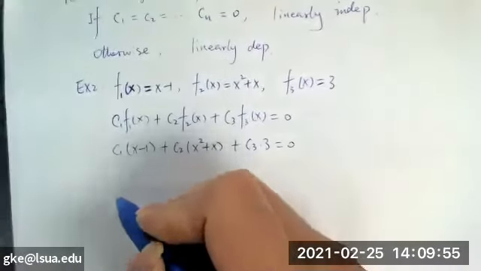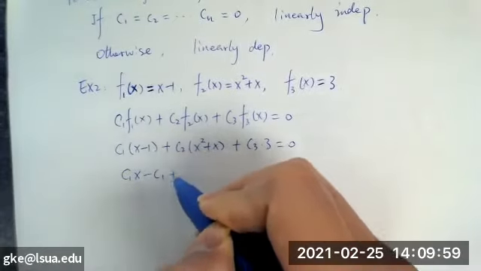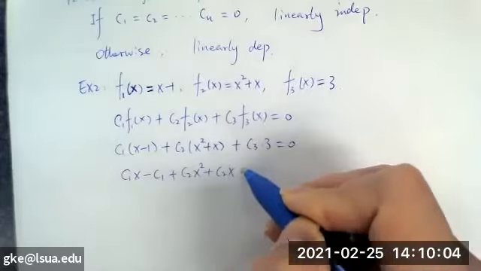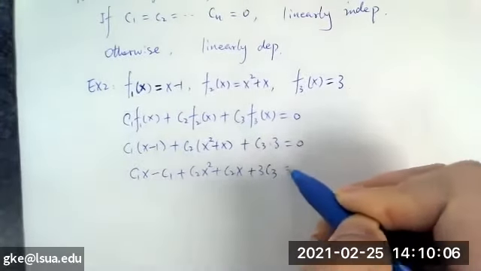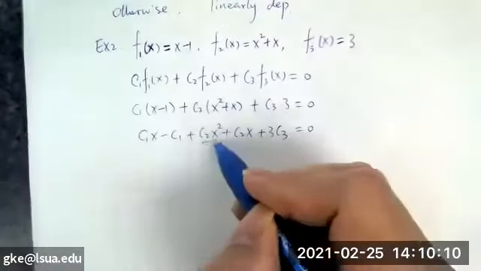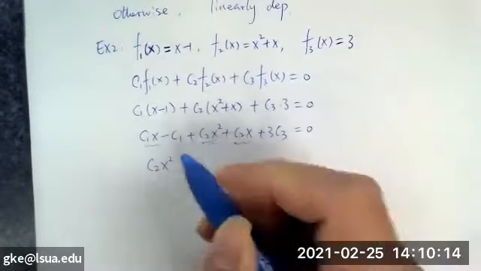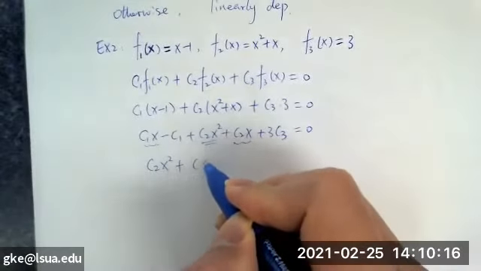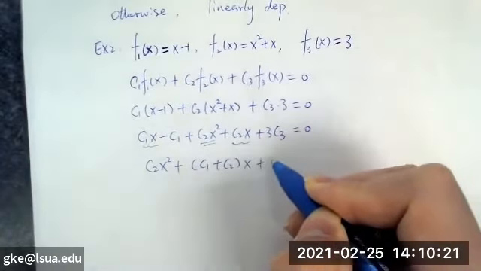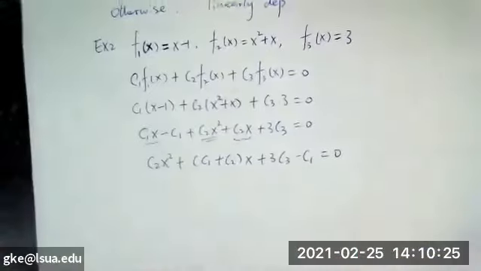Now again, we do the distribution, and then combine the terms. For x squared, we have C2 x squared. And then we have C1 plus C2 times x. And C3 minus C1, constant.